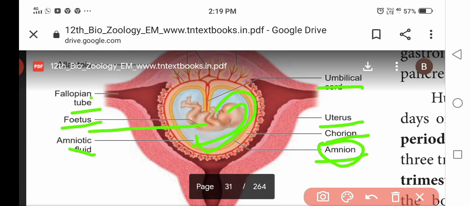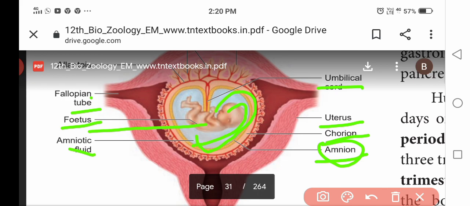It protects the embryo or fetus and also provides buoyancy. It provides a buoyant environment to protect the embryo from injury and regulates the temperature. The fetus can move only because of the amniotic fluid.